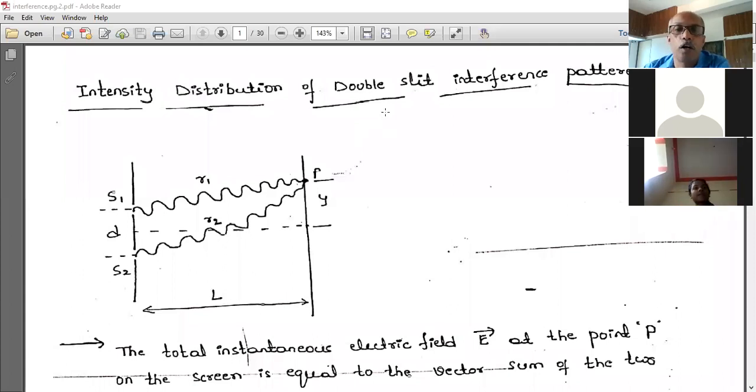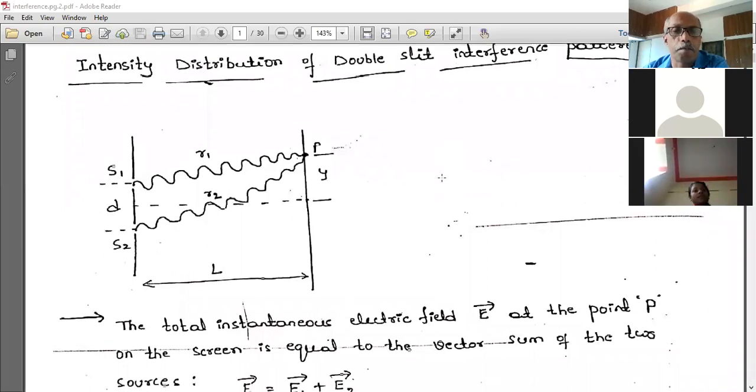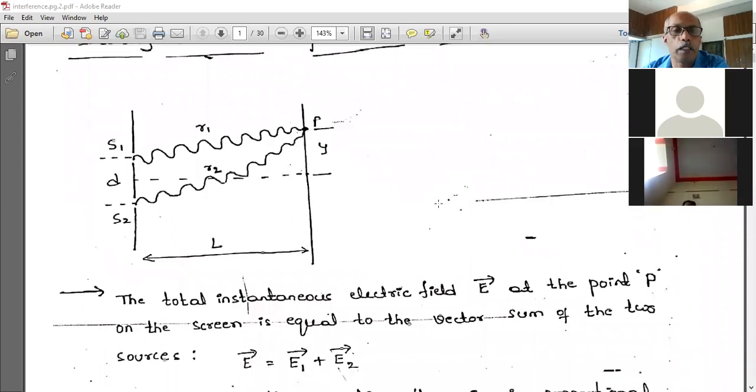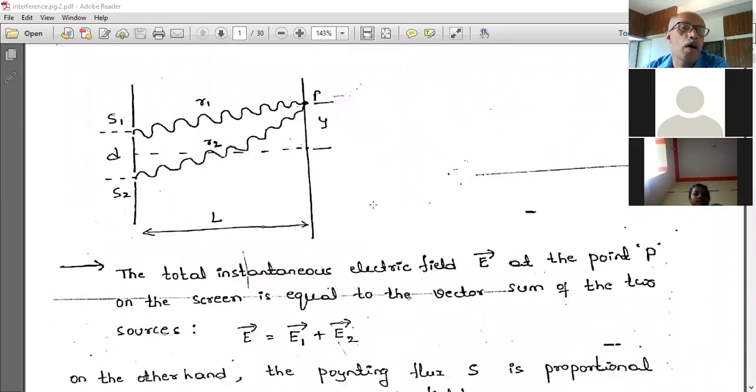Intensity distribution of double slit interference pattern. Let us see how the intensity distribution comes about. We have again considered Young's double slit experiment. S1 and S2 are two slits separated by a small distance.